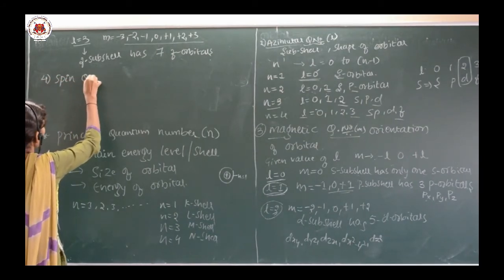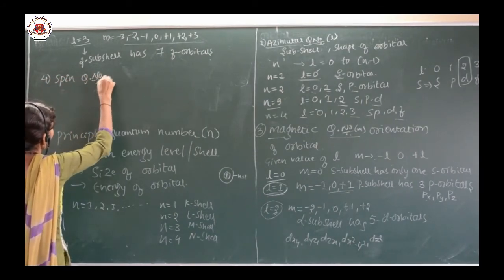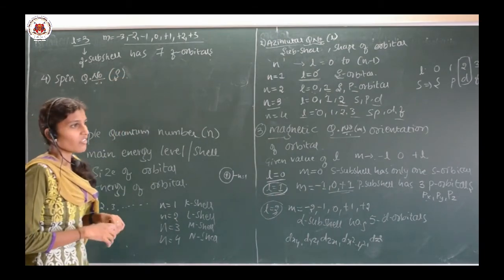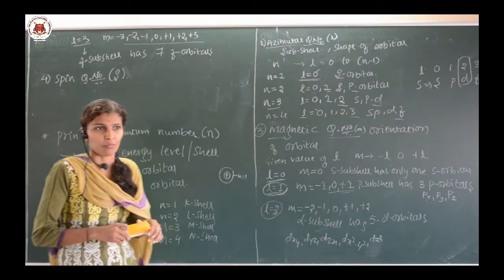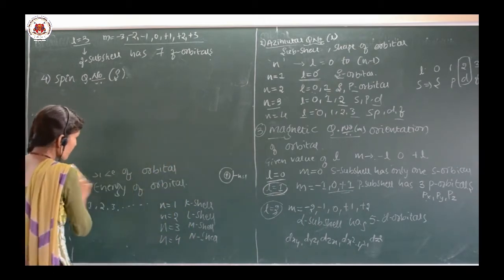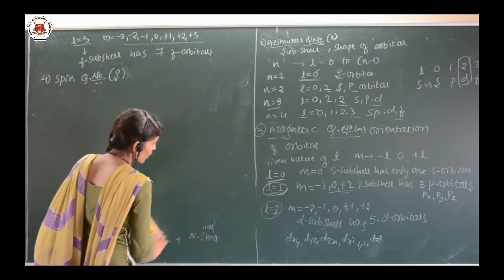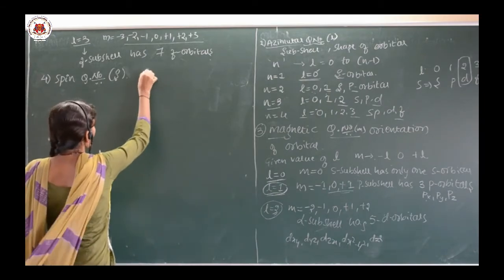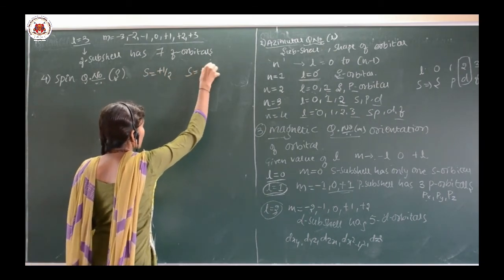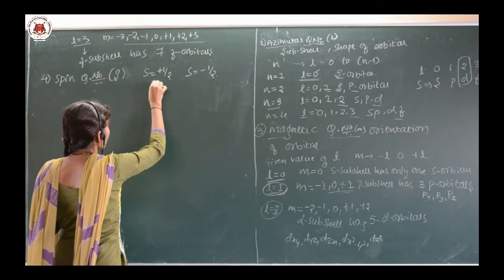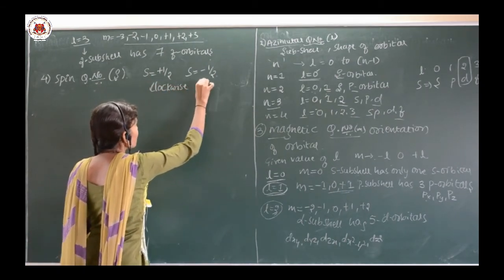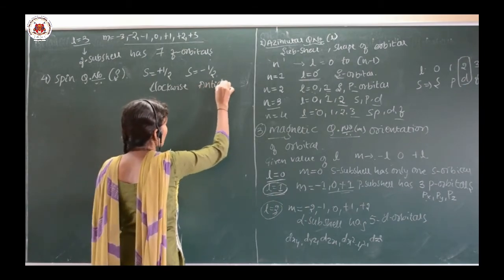Spin quantum number is indicated by s. It indicates the spinning orientation of an electron, whether the electron is going to rotate clockwise or anti-clockwise. That s value can be given as plus half or minus half, and it indicates clockwise and anti-clockwise orientation.